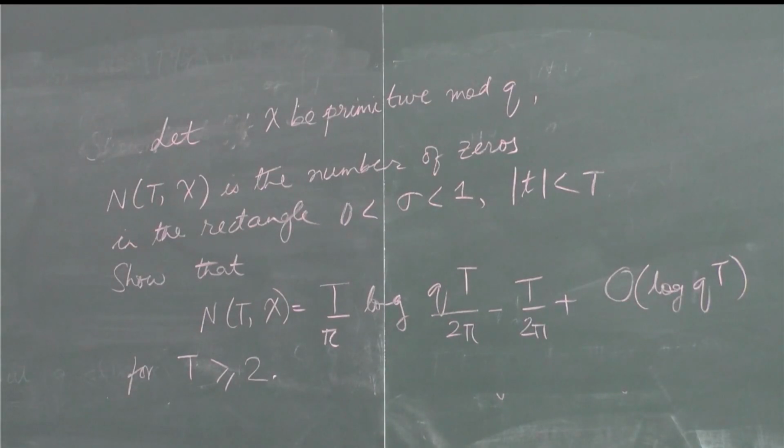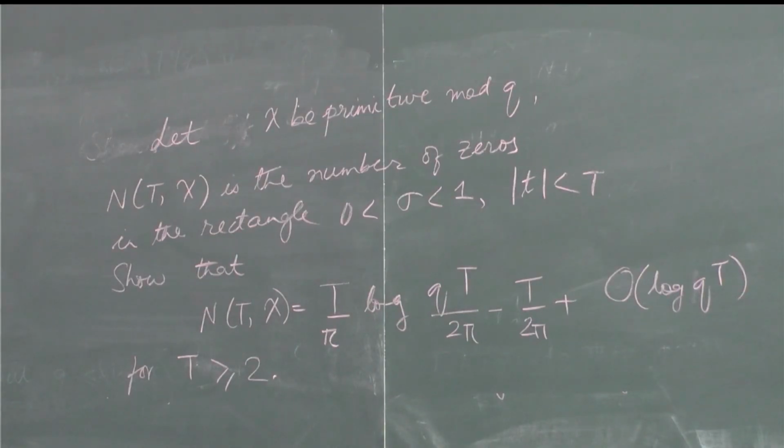Do it for the simpler case, but it's not very different. The proof is more or less the same. Think about contour integration. You have to do a contour integration, but you have to take a rectangle.